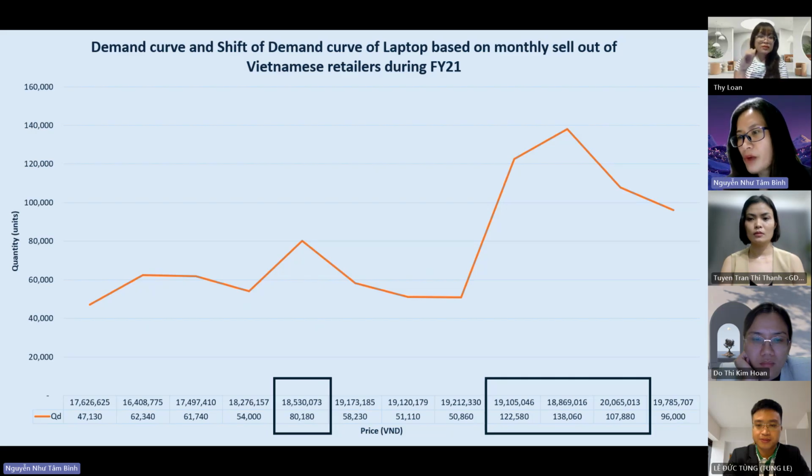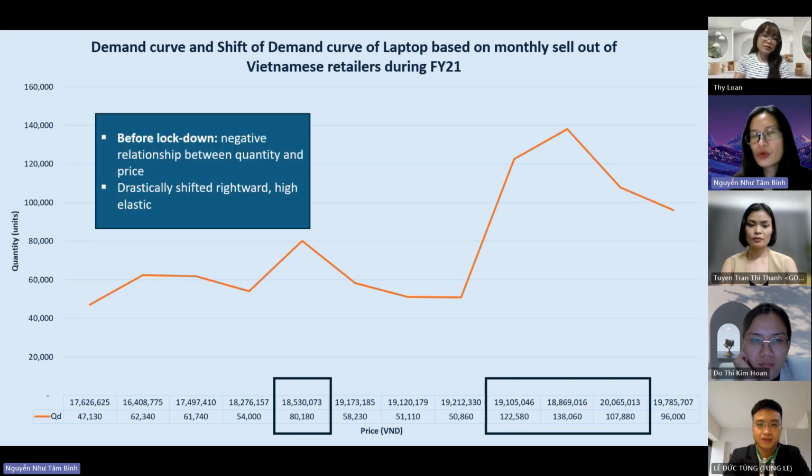Education changed from offline to online, and nearly 100 schools and universities needed to buy laptops. The situation seemed back to normal in December 2021, but demand still stayed at a high level in comparison with the beginning of the year. So we have three conclusions here about the demand curve and its shape in 2021.